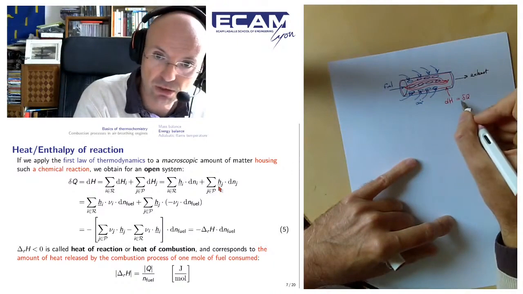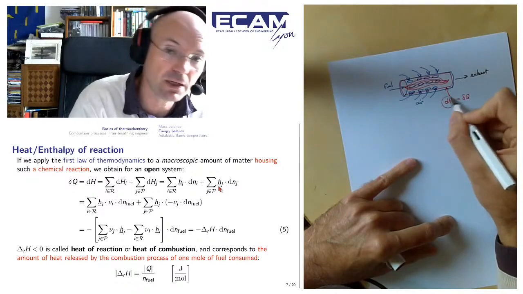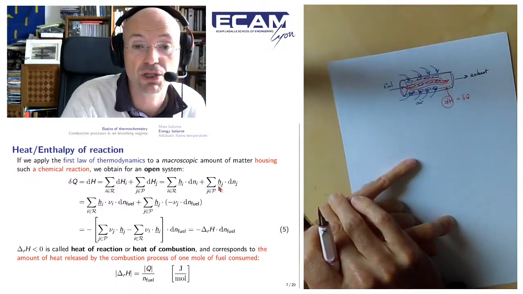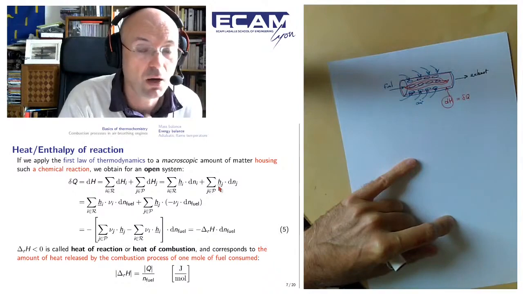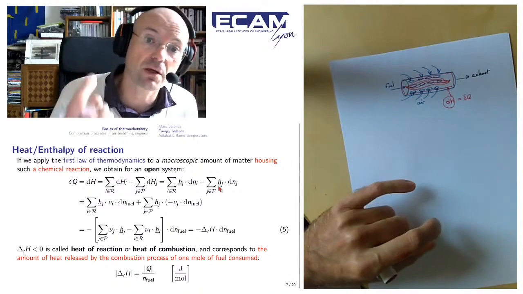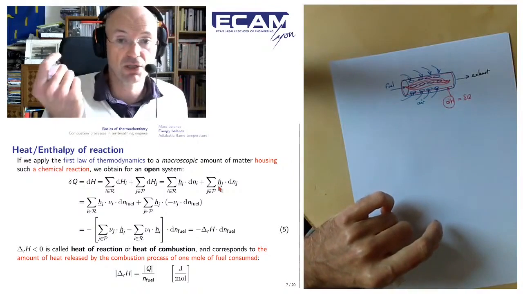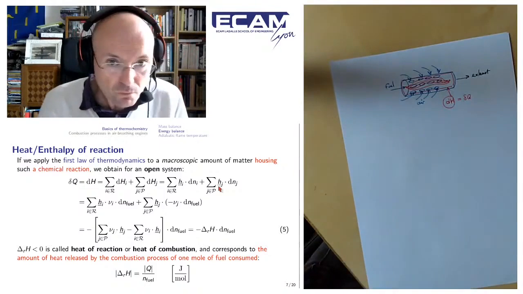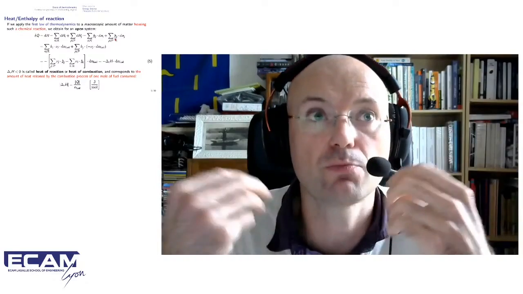In this equation, the variation of enthalpy is actually only due to the change of chemical composition. Okay, what happens inside this volume of gas is a chemical reaction, and a chemical reaction is a change in chemical composition. So basically, in probably the simplest way to explain this, you have an initial mix of air and fuel, and only that, and you have a combustion process that occurs.